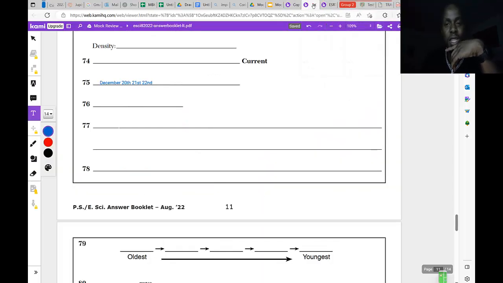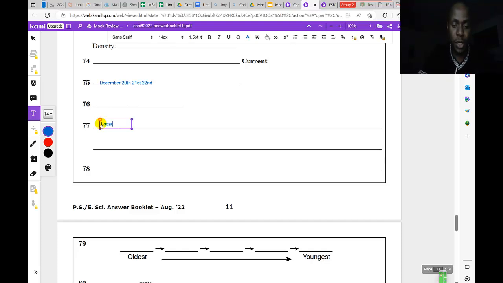Let's put that in writing in our packet here. All right, so we'll say location D is on the leeward. Leeward is the side that is dry.